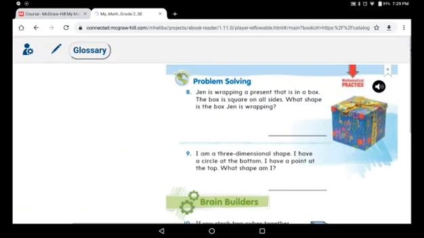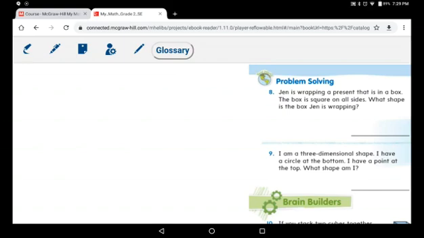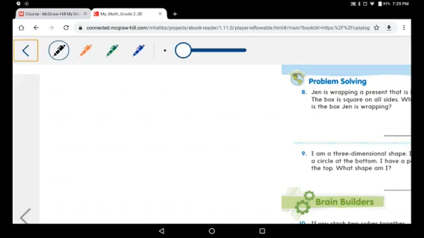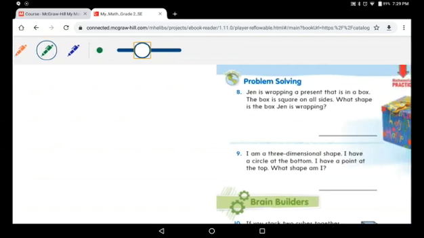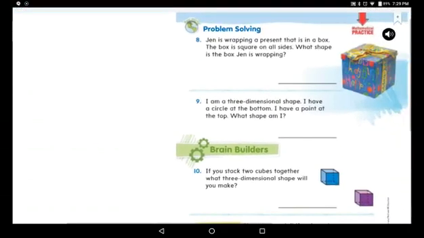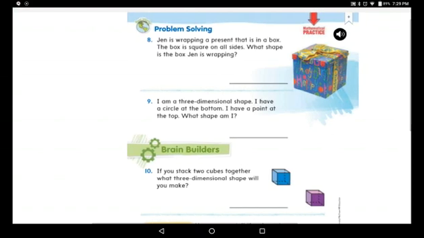Okay, great. Now, we will solve question 8 together, and you will solve question 9 alone. Now, Jen is wrapping a present that is in a box. The box is square on all sides. We can say here faces, in all faces.